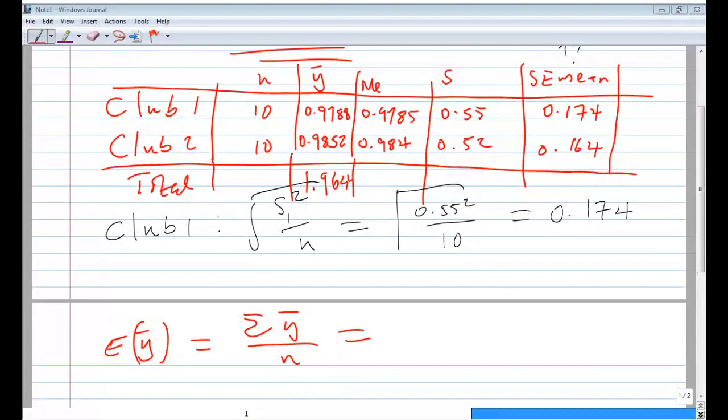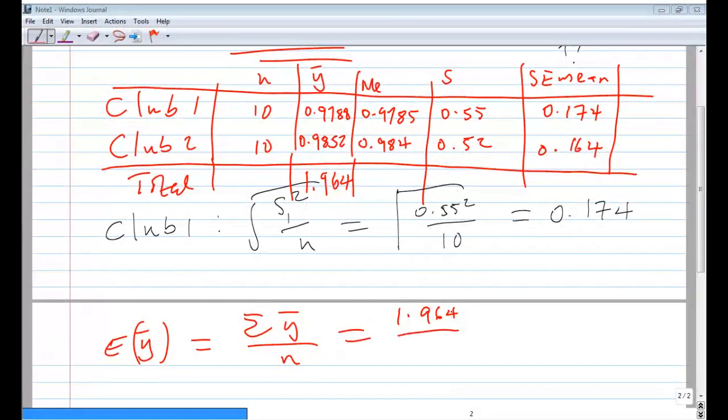1.964. Now you divide by what? Because it's the mean of a simple mean, do you divide by 2 or 10?